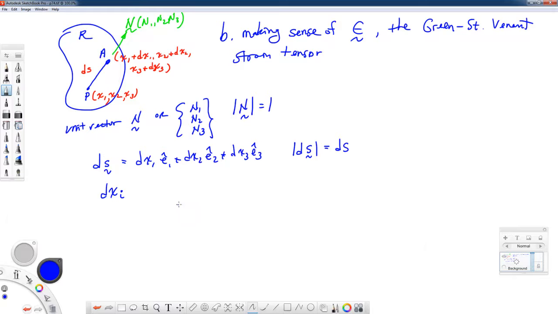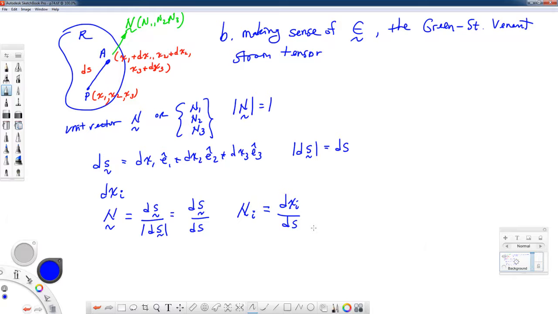So if we want a unit vector that points from P to A, that would be what we're calling our n. Our unit vector n would be ds vector divided by the magnitude of ds vector, or ds vector divided by ds, the scalar distance, or we could say that the components ni are equal to dxi divided by ds.